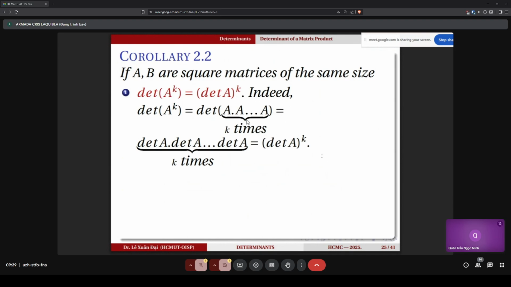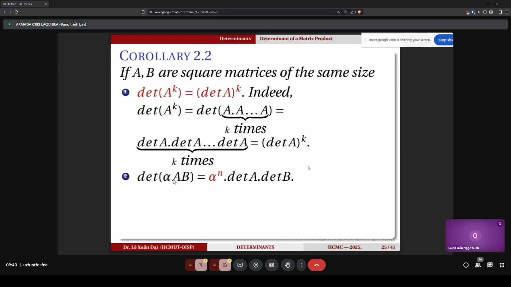Applying our rule for the product, determinant of A times B is equal to determinant of A times determinant of B. Since all of them are A's here, we can make it determinant of A times determinant of A times determinant of A, k times. Therefore, that is determinant of A to the power of k.